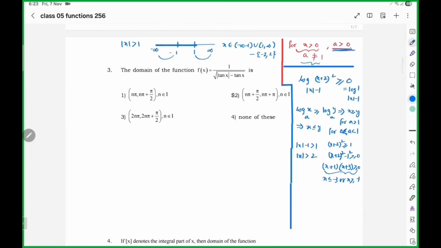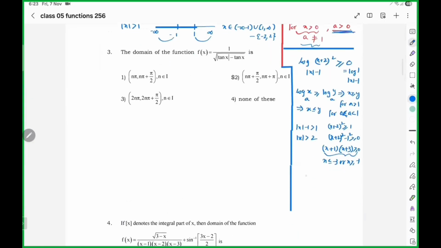So the common solution here, mod x greater than 2 means it should be less than minus 3 and it should be more than minus 1.